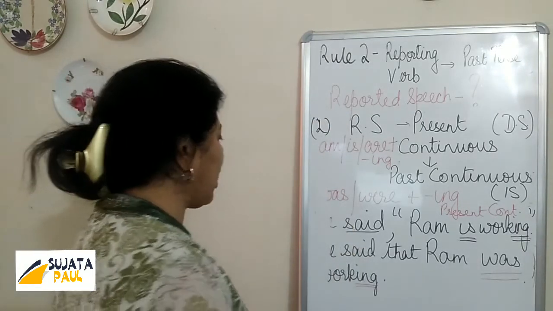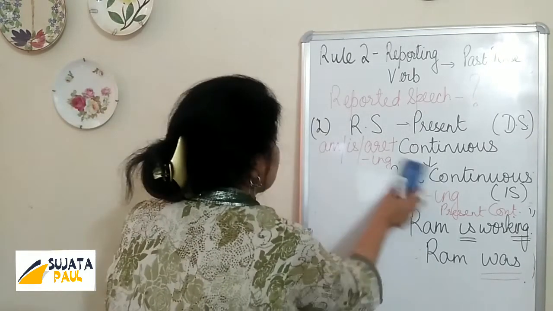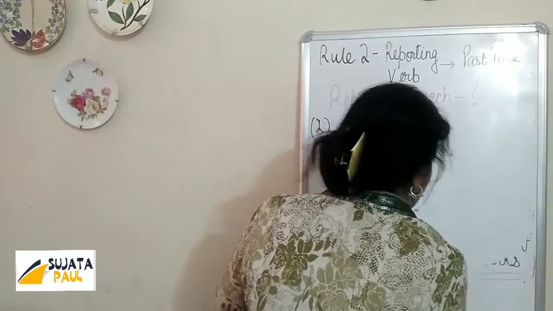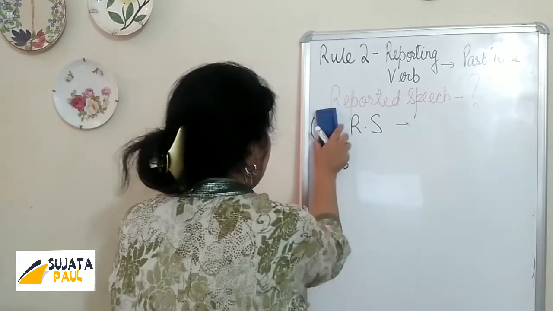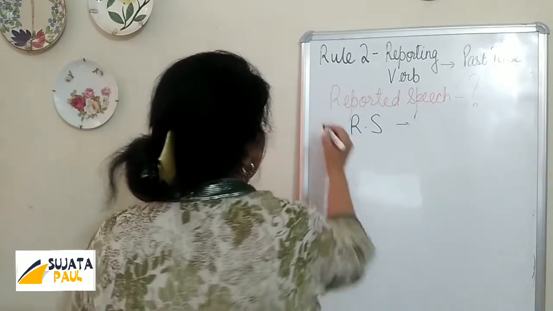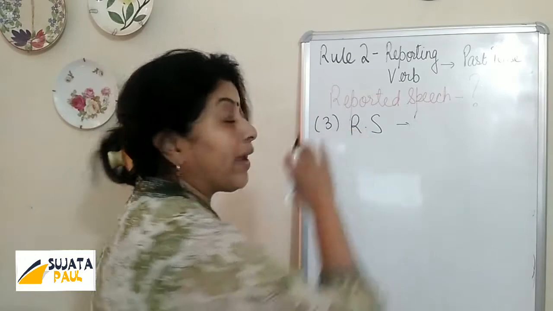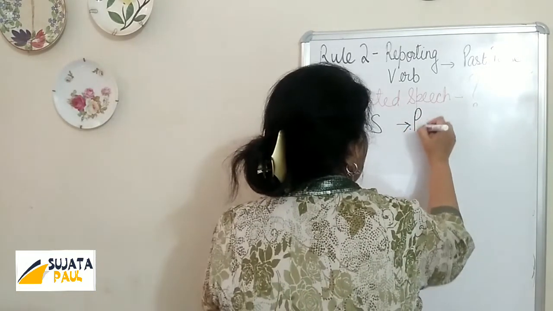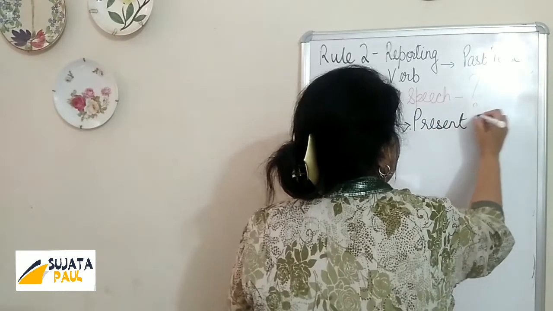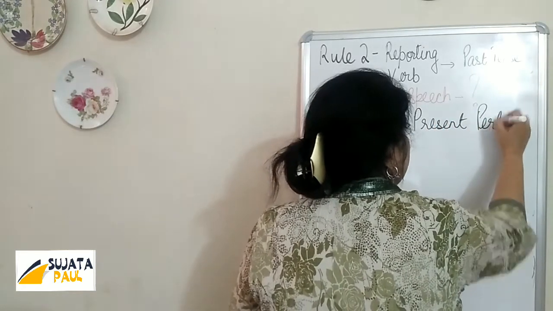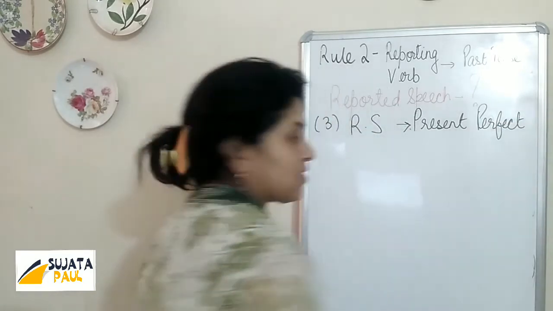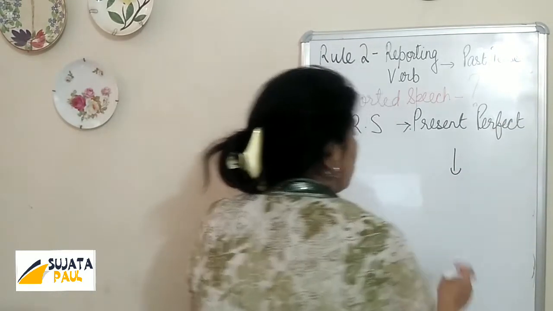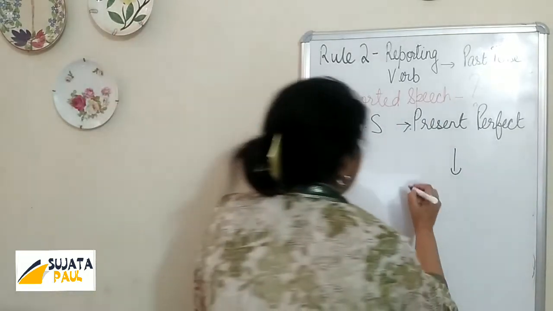And now the third one. Third one is when the reported speech is in the present perfect tense, and this will change into past perfect.